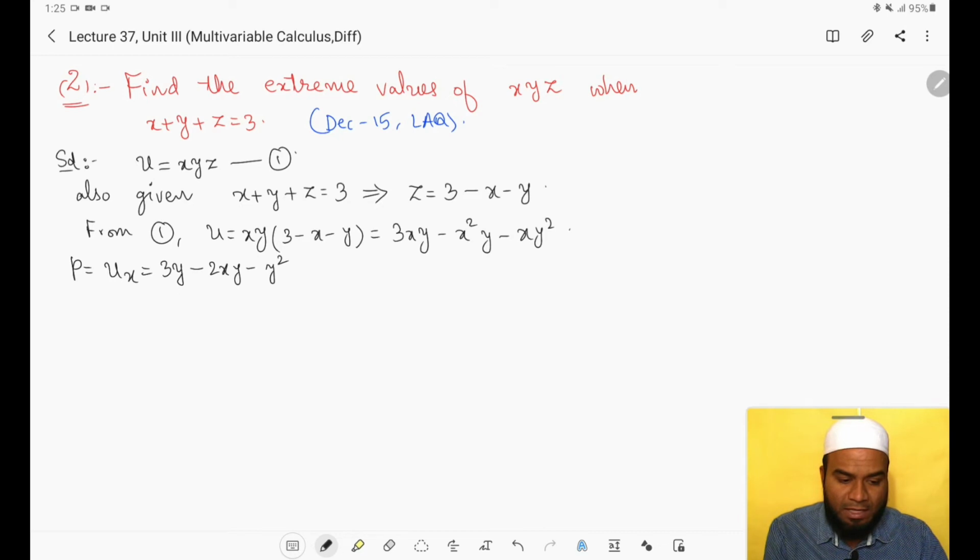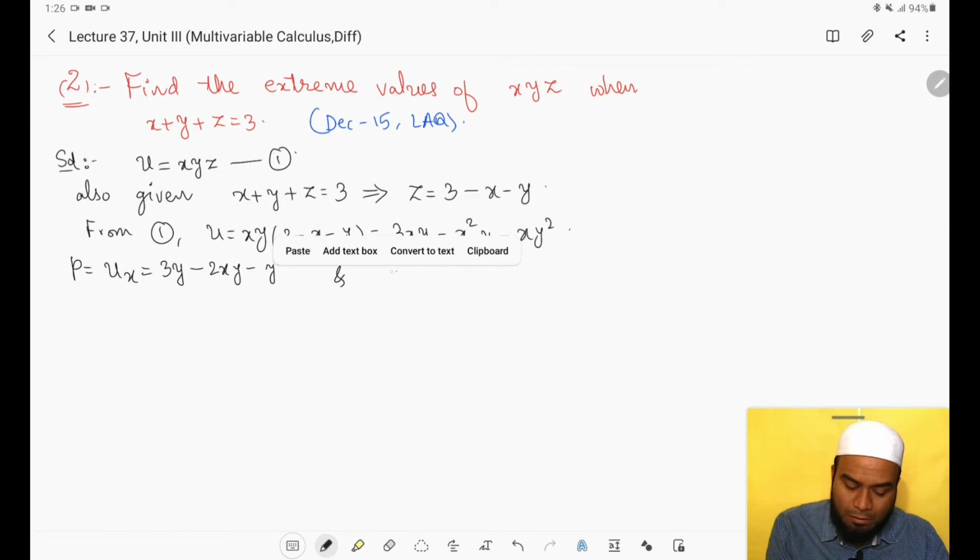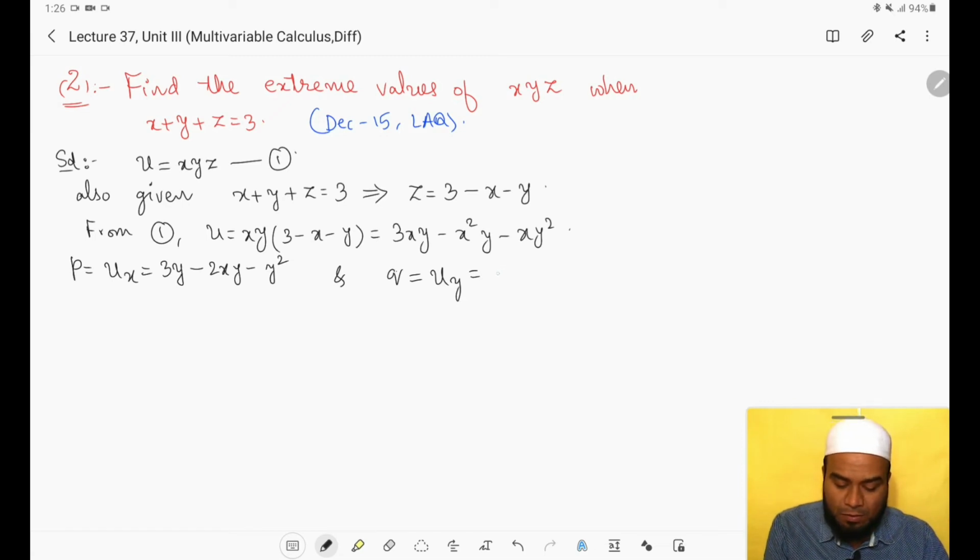So we got 3y minus 2xy minus y square, and in the same way we find q, which is uy, the partial derivative of u with respect to y. So what we will get? 3x minus x square minus 2xy, right. This is q. Then we find r, which is uxx, the partial derivative of ux with respect to x.